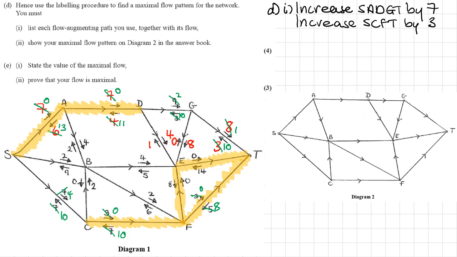So let me highlight that route here. So this is just a highlighted route. And then we'll just write down that we're going to increase S, B, E, D, G, T by 1. That's the best we can do.